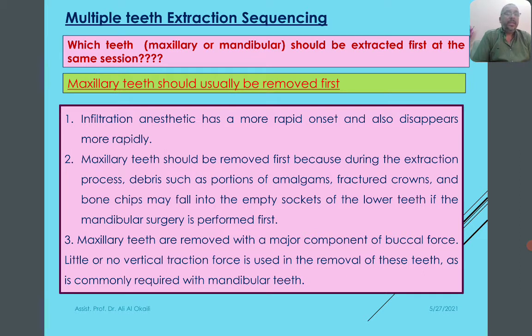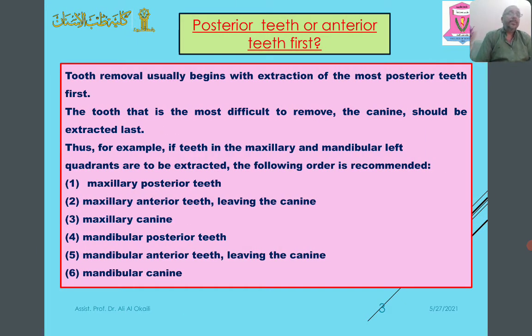And maxillary teeth are removed with the major component of buccal force. Little or no vertical traction force is used for the removal of these teeth, as commonly required with the mandibular teeth. احنا قررنا انه الmaxillary teeth to be extracted first, then the mandibular teeth.